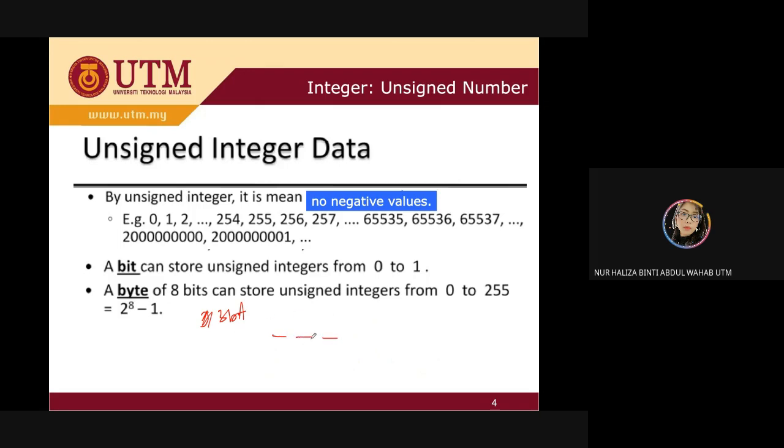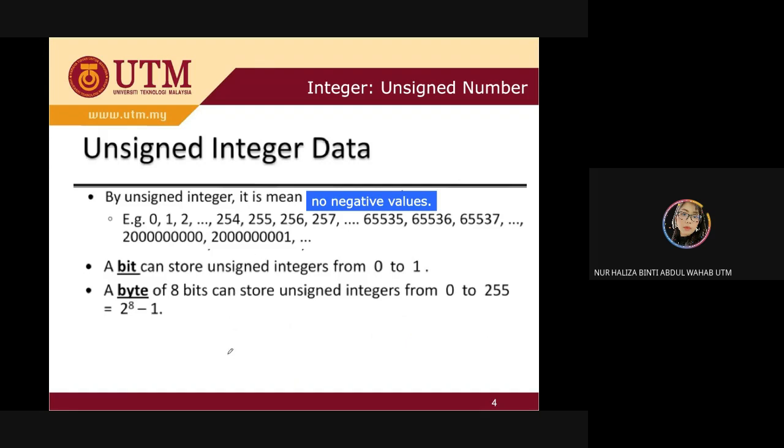So the possibilities you can have are 0, 0, 0, then 0, 0, 1, 0, 1, 0, until the last, where the maximum is 1, 1, 1. This is the only place that you have, which is 3 bits, and this is equivalent to 7. That's why the minimum is 0 and the maximum is 7.